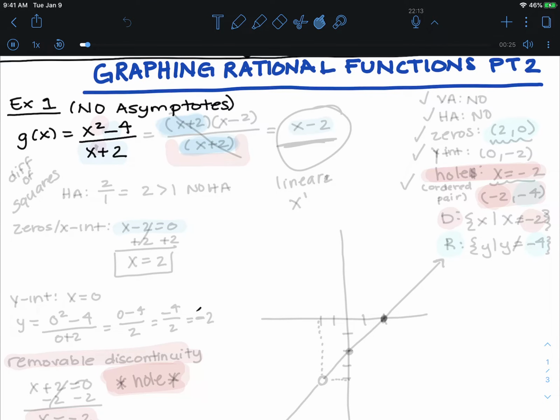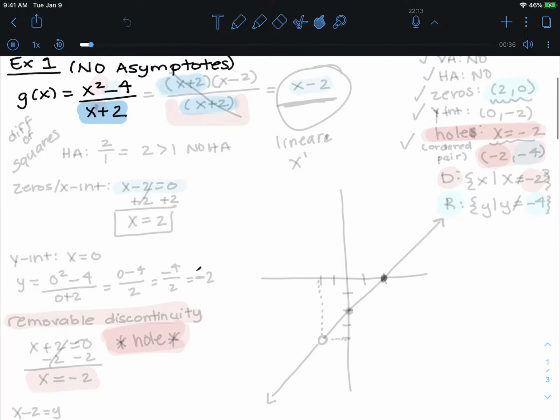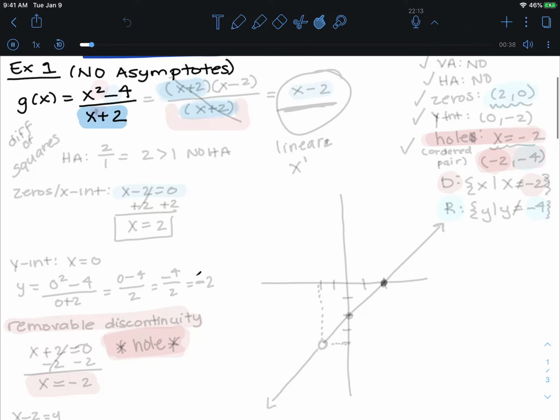If you remember from yesterday's steps, the first thing is to factor the numerator and the denominator. But if you look at this here, this x plus 2 is already in factored form, so there's not really anything I can do. But this numerator here, I can factor by using difference of squares, meaning that I'm going to square root the 4, which gives me 2.